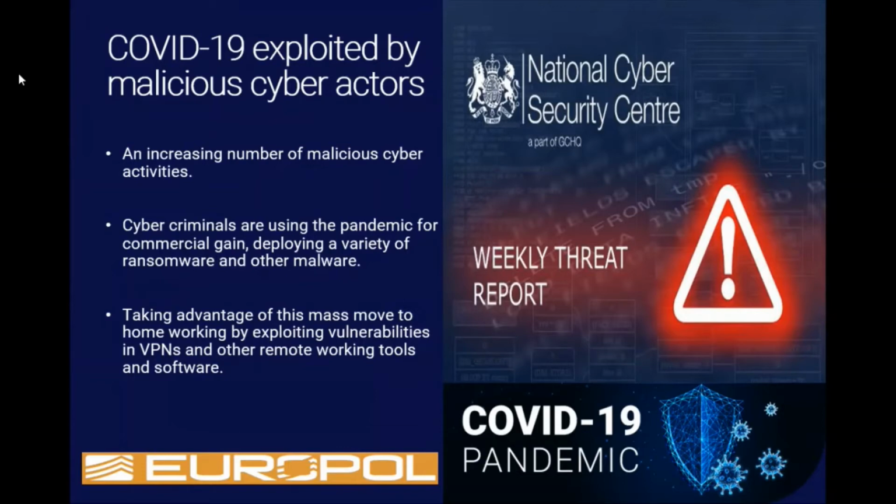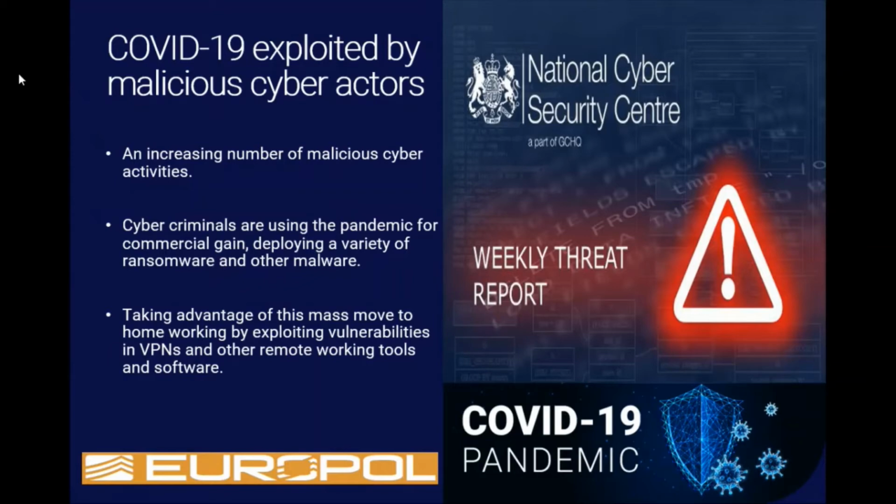A recent report that was published a couple of weeks ago was published jointly by the United Kingdom National Cyber Security Centre and the United States Cyber Security and Infrastructure Security Agency. They both warned of an increasing level of malicious cyber attacks, exploiting the current COVID-19 pandemic for their own objectives.